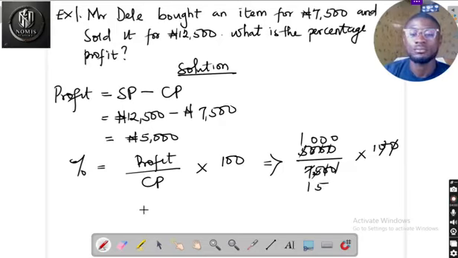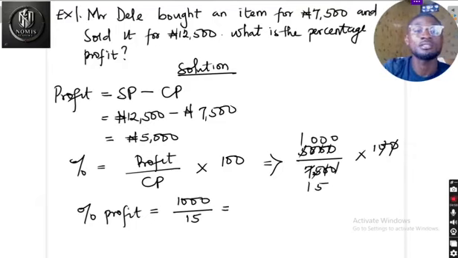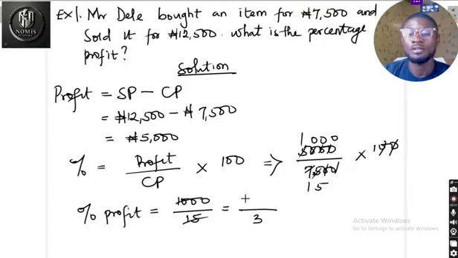So profit percentage is equal to 1,000 divided by 15. I can still reduce it to the lowest term by dividing by 5, and I will have 200 divided by 3.